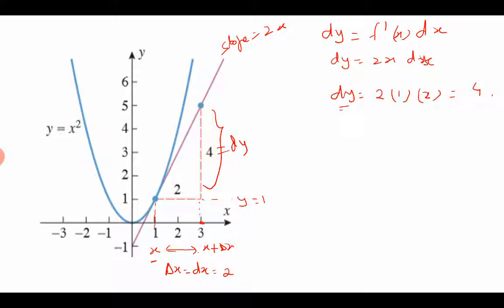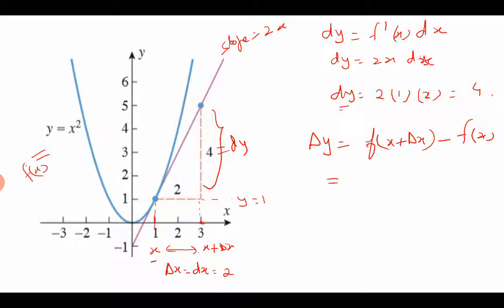Now let's see what del y is. Del y, from the fundamental definition of differentiation, we know this is f of x plus del x minus f of x, isn't it? So f of x is x square.